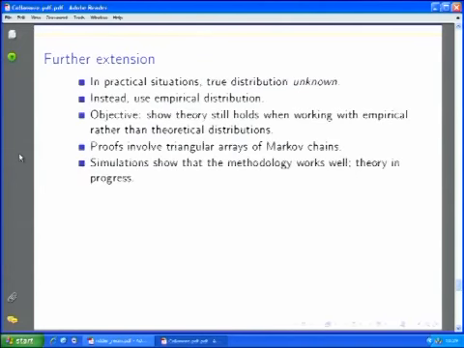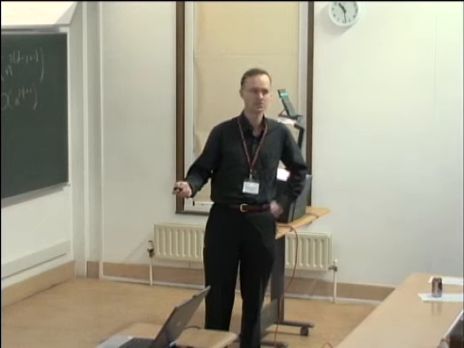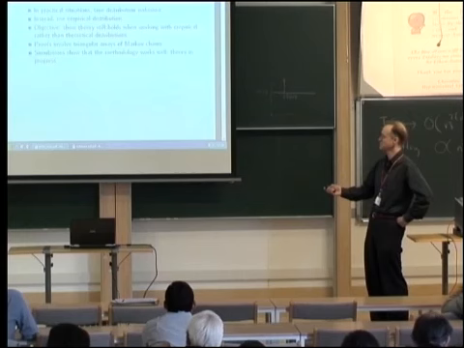Another extension that we're looking at is in the direction of statistical samples, where we work with the empirical distributions rather than the actual distributions. The original simulation studies show that this works well, but we hope to show this in a more theoretical sense.